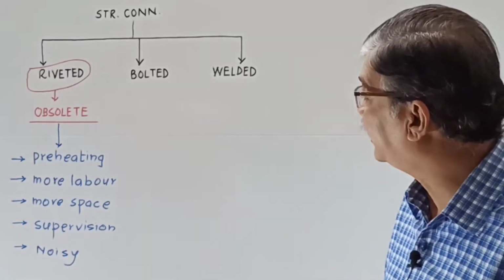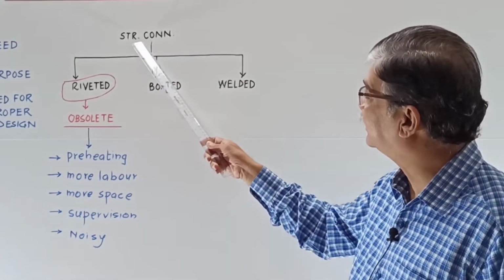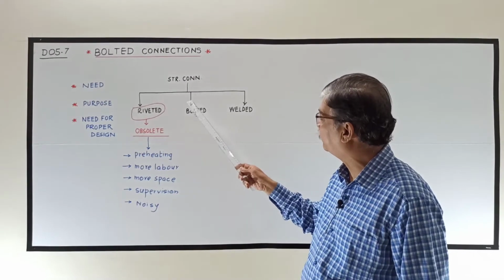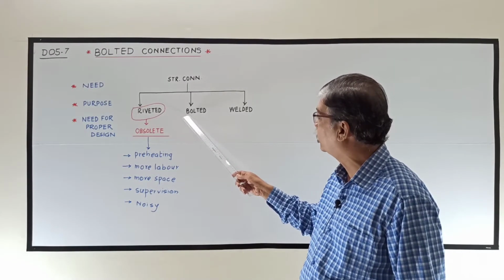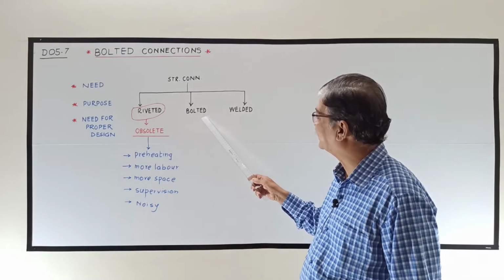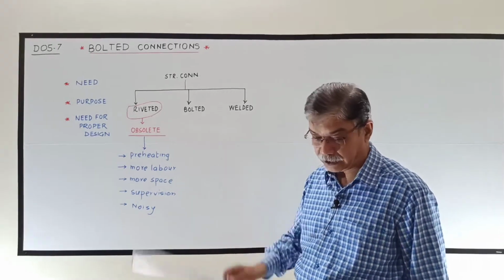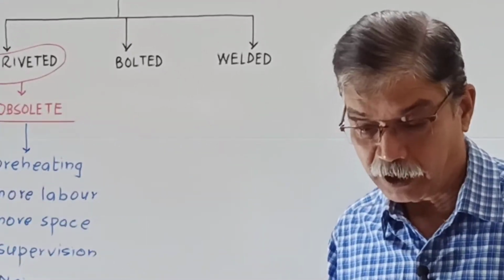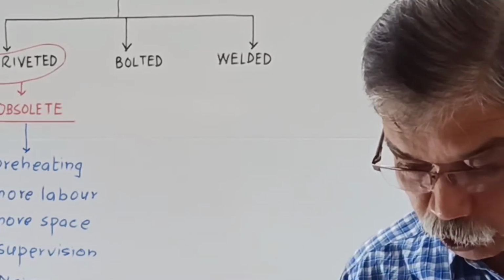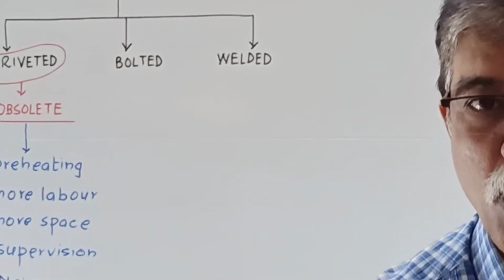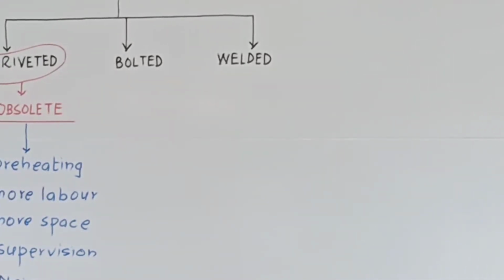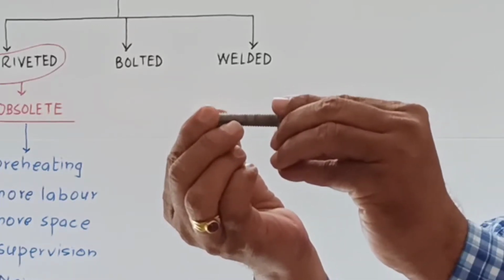Now the second way is that the connections are done with the help of fasteners which are known as bolts. So these connections are known as bolted connection. And for that purpose, let us first see what we mean by a bolt. Now look here.